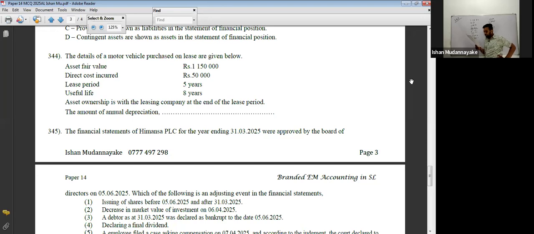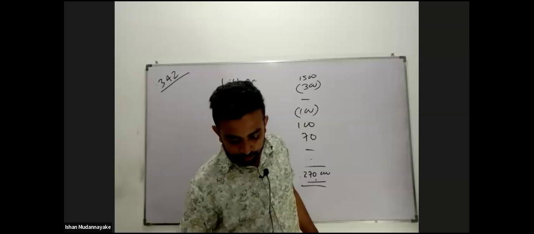Amount of annual depreciation: asset's fair value 1,150,000, direct cost incurred 50,000. Then how much is the total amount? 1,200,000 is the total amount of the asset. Then 1,200,000 divided by 5 years. How much is the annual depreciation? 240,000.